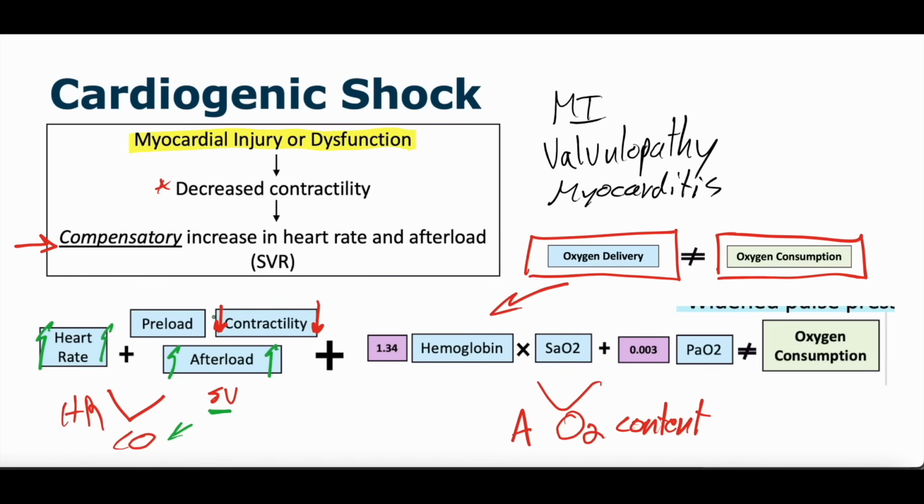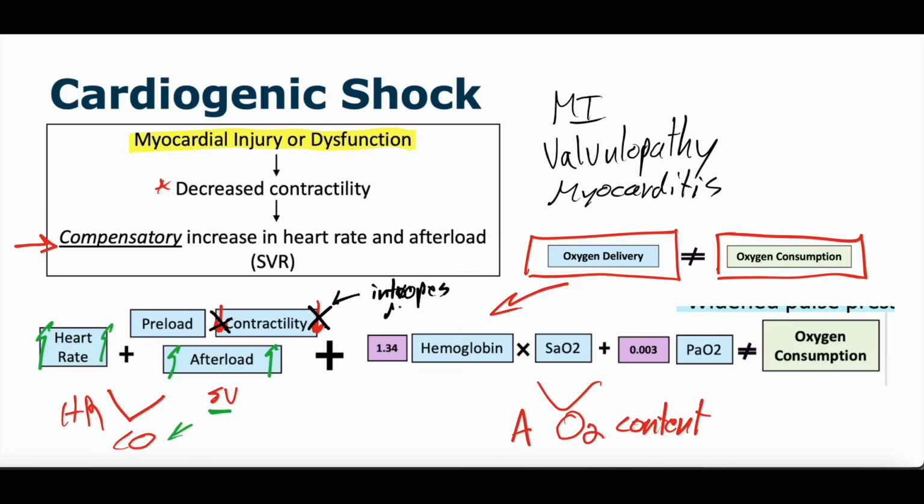All right, so what do we do in cardiogenic shock then? What do we intervene on? Well, the easy answer here is if contractility is worse, we increase contractility, right? We use inotropes like dobutamine or milrinone.